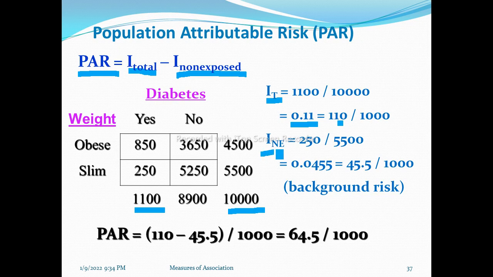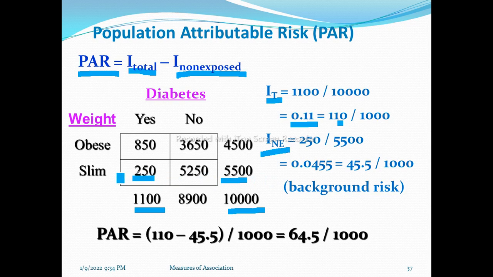Incidence in non-exposed is 250 over 5,500, so 250 divided by 5,500.